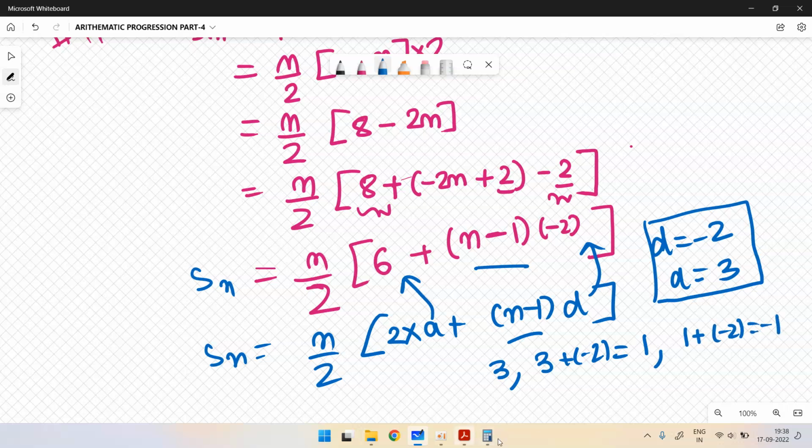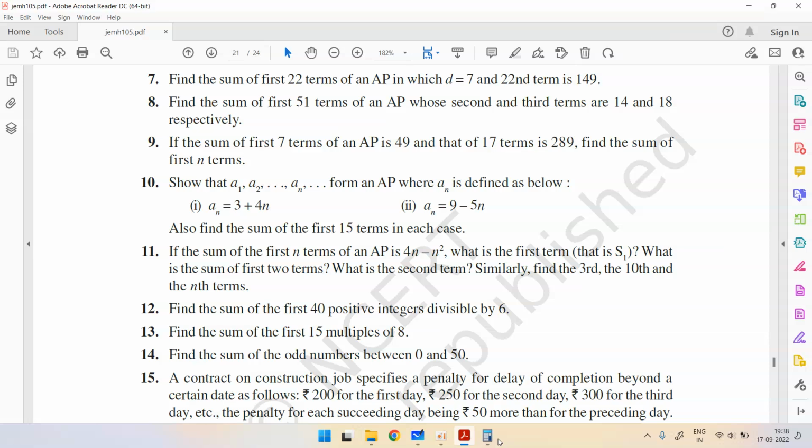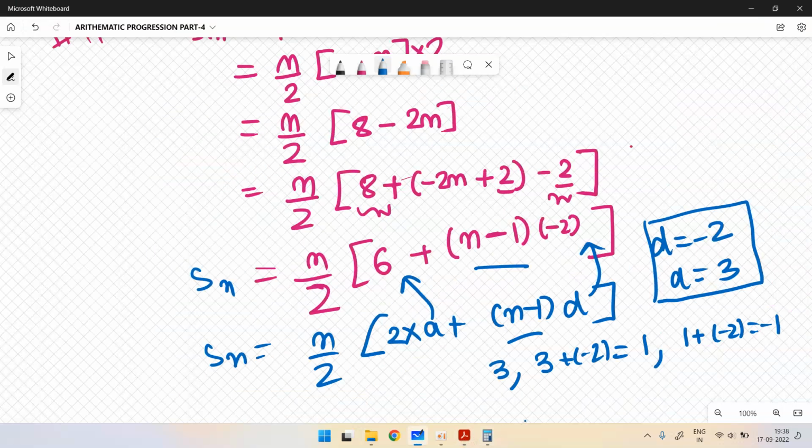What is the 10th term? The 10th term is a plus (n minus 1) d, so a plus 9d. You already know d is minus 2, so 9 times minus 2 is minus 18, and minus 18 plus 3 is minus 15. Minus 15 is your 10th term.